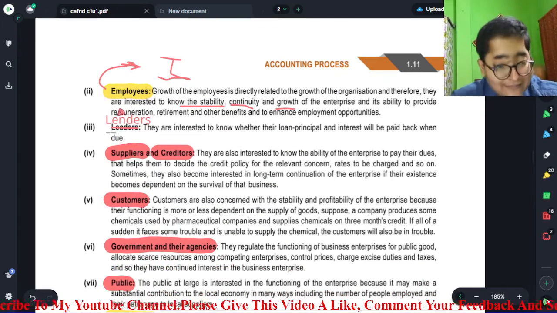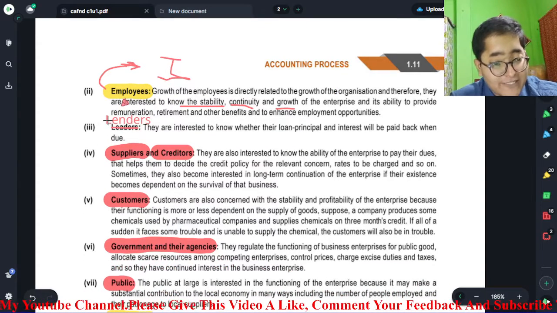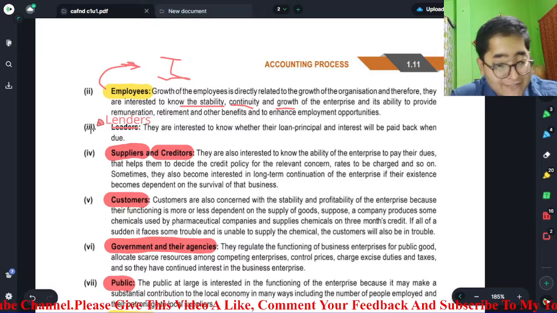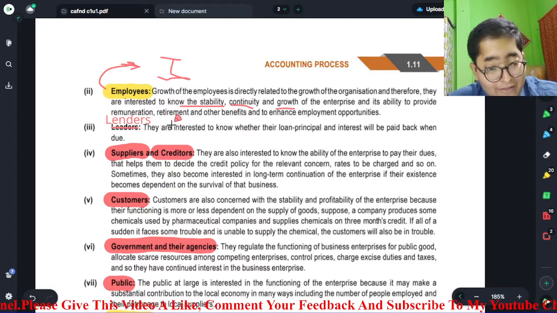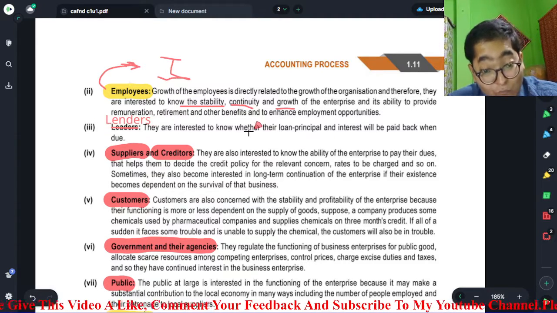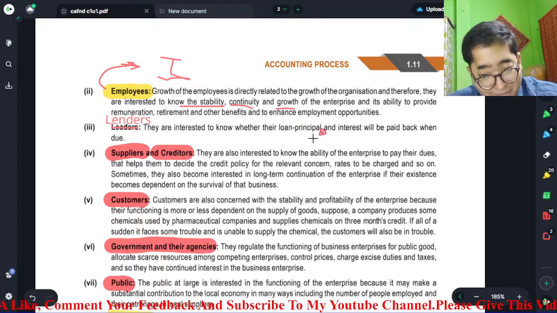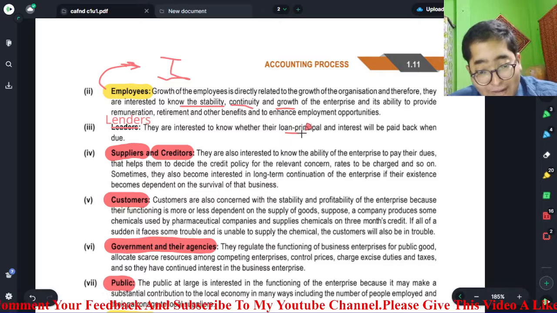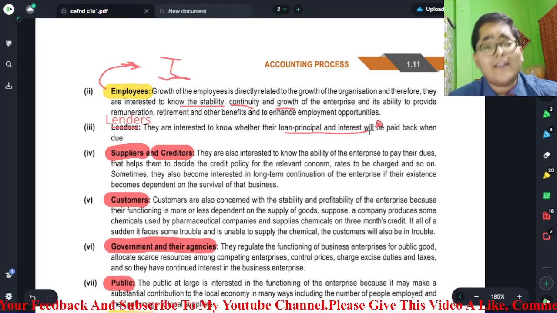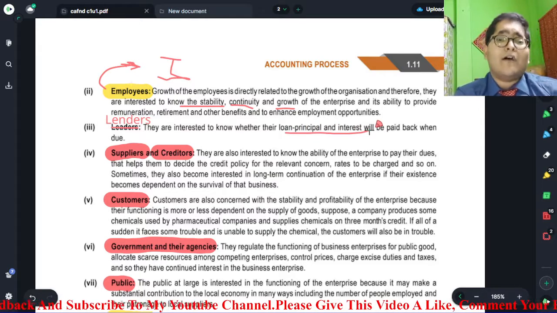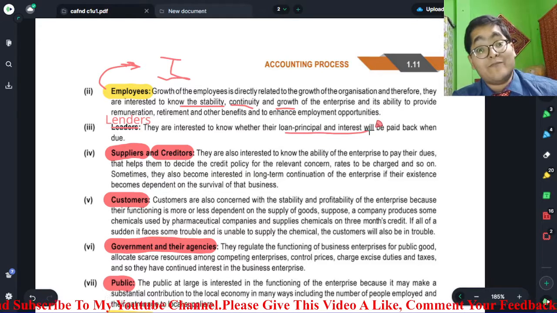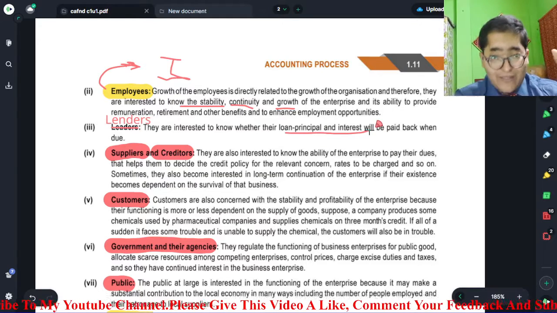Now in this case it's written leaders, but please change it to lenders. Lenders are interested to know whether their loan principal and interest will be paid back. Why does a lender lend money? He lends money to earn interest and also receive back his principal money.